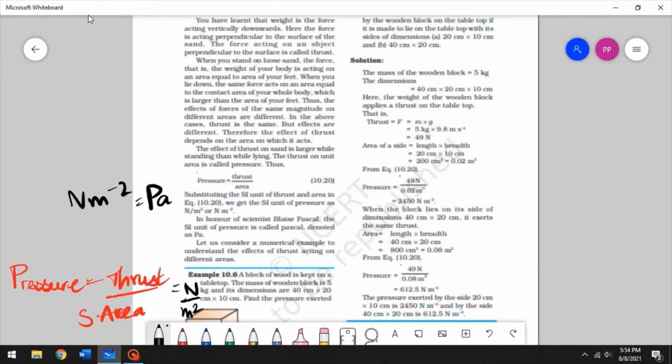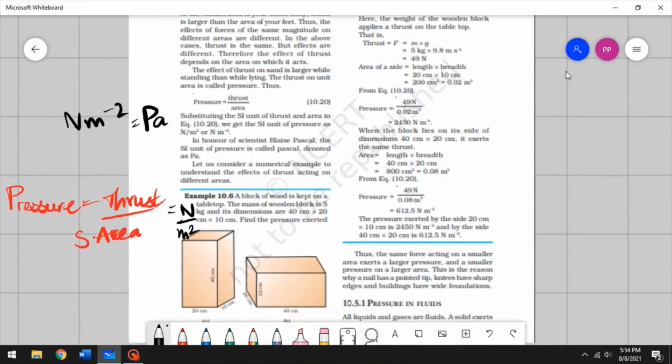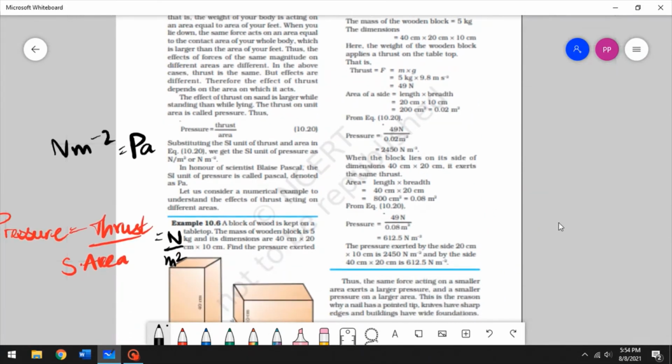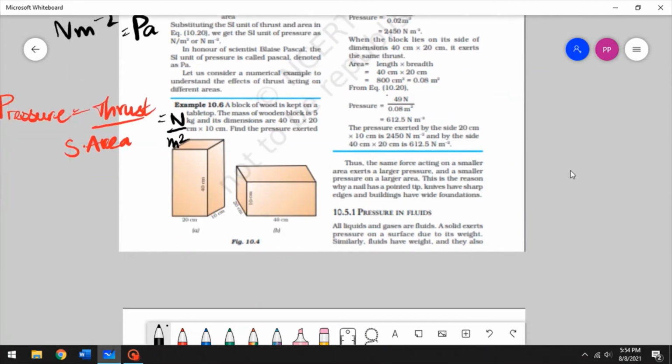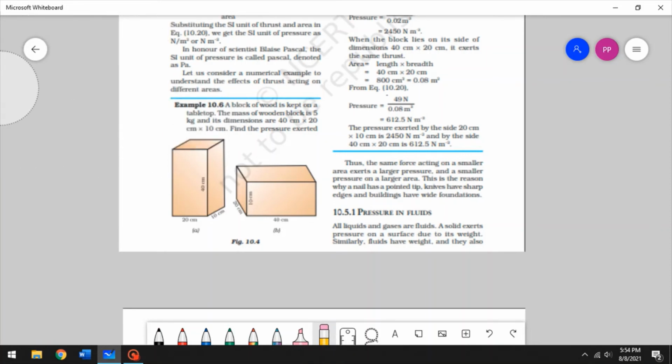Alright. So there are a few numericals here. I think it's one. Yeah, but it's a very important model of numericals that you can expect in NTSE and CBSE boards. And once in a while in NEET and JEE, but they probably won't ask such basic questions. It's going to be your luck if they do.